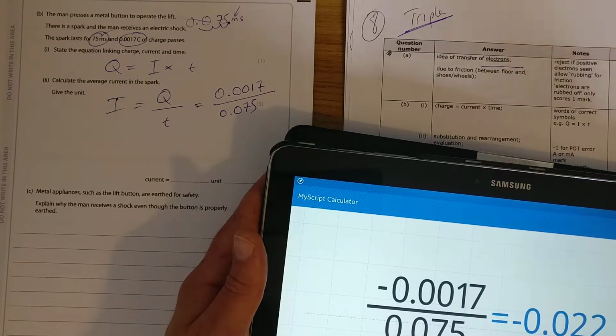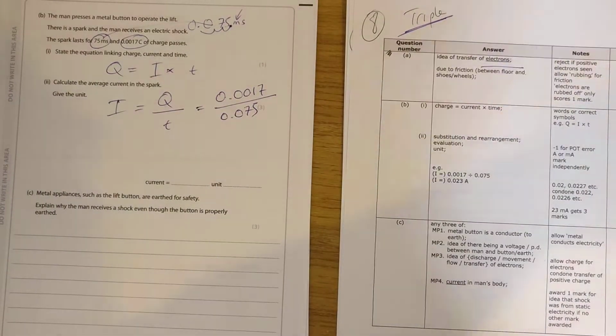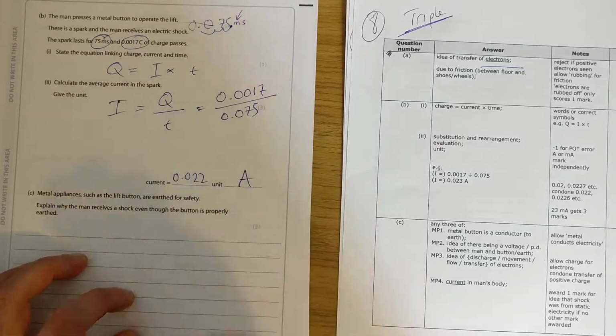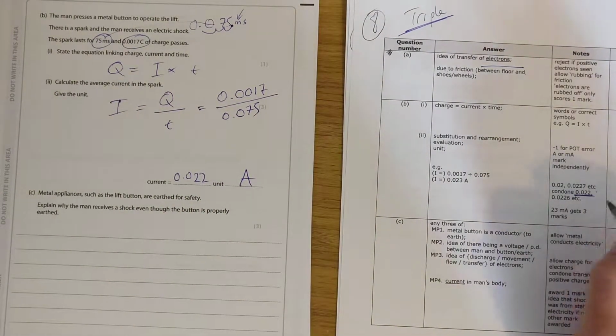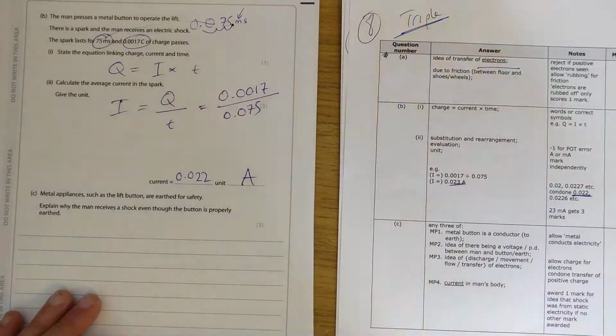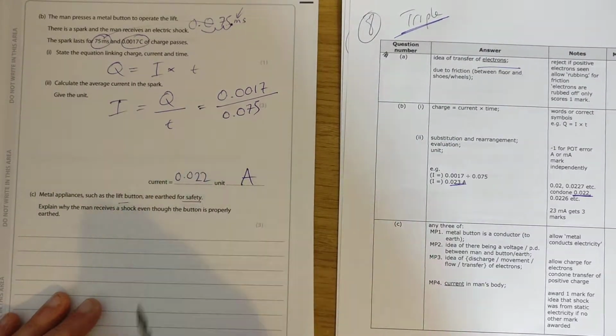That's better. Ignore the negative sign. 0.022. So our current is 0.022 amps, and the mark scheme wants around 0.022 or 0.023.